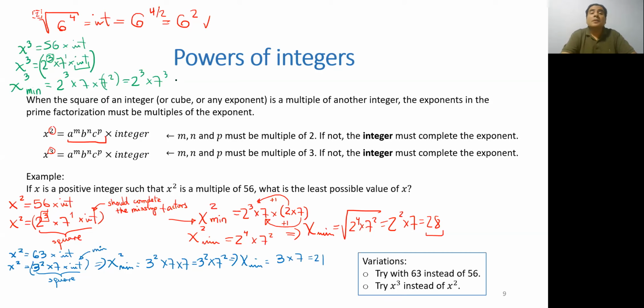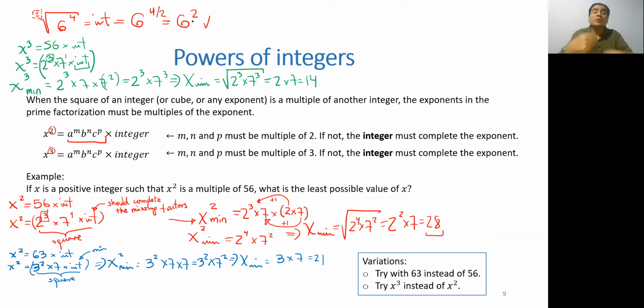And so the minimum value of x would be achieved by taking the cube root on both sides. You take the cube root of 2 cubed times 7 cubed, and you get 2 times 7, and that is 14.